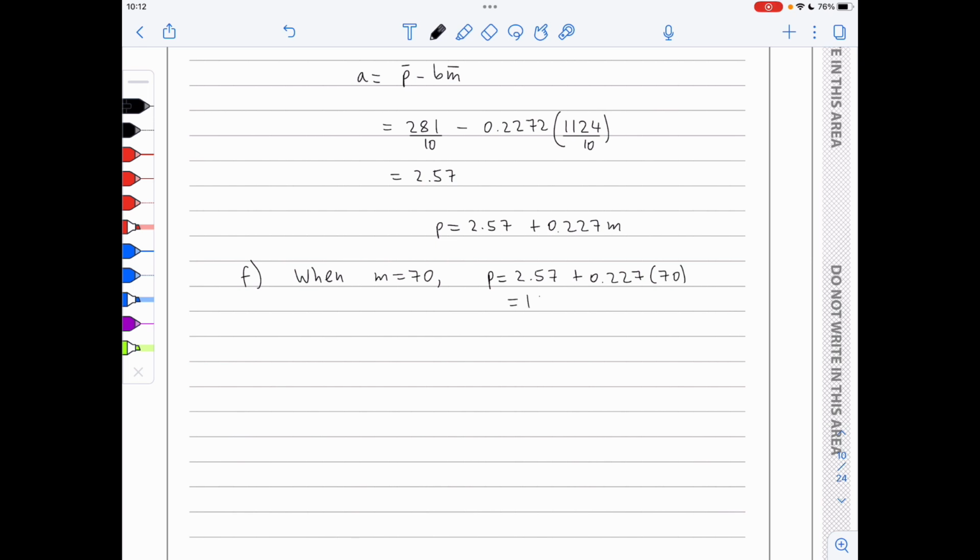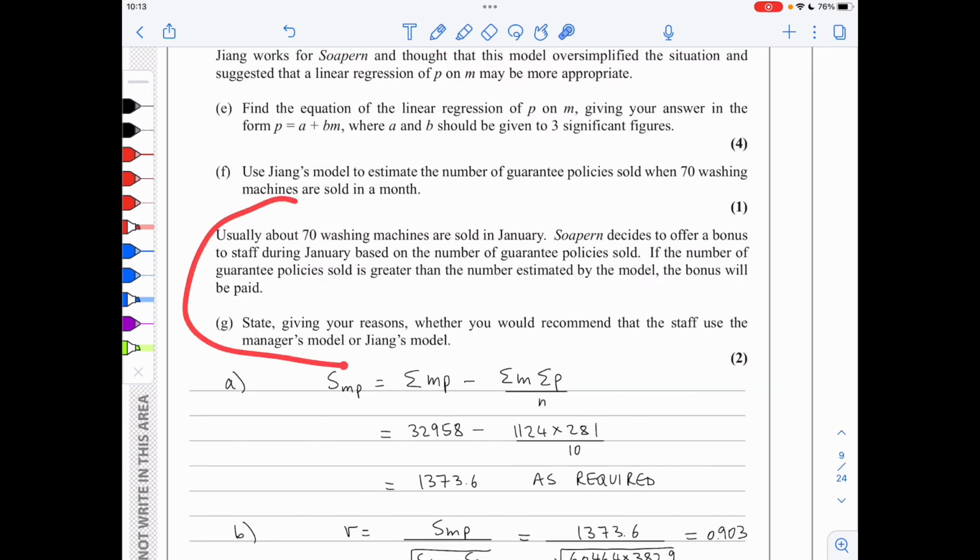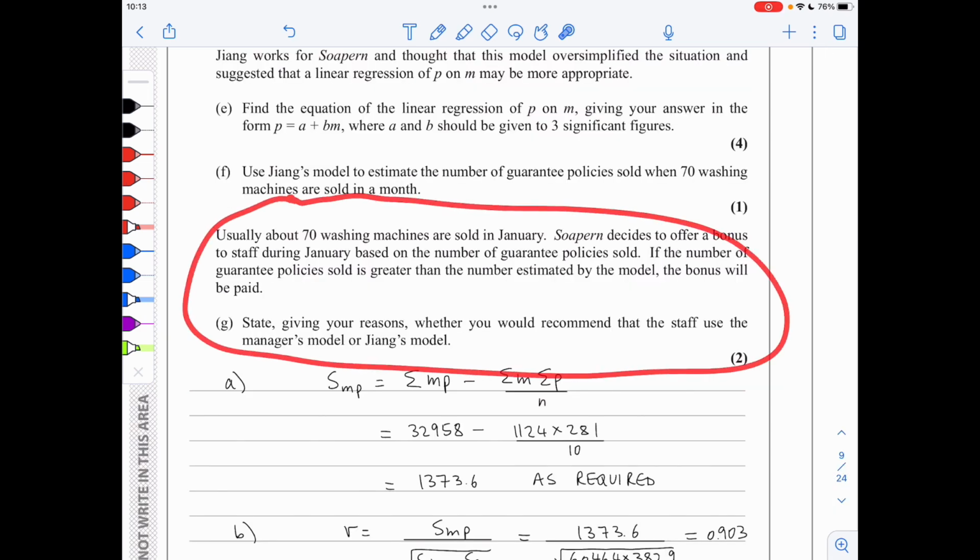It gives an answer of 18.4677, so I would say 18 policies. But it's worth noting that the mark scheme is accepting anything between 18 and 18.6.